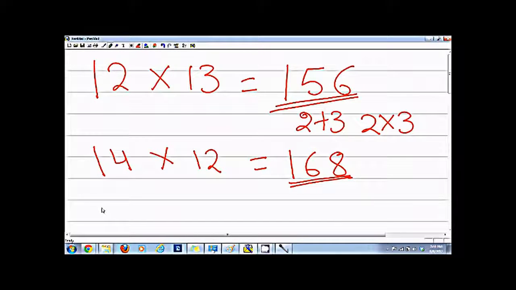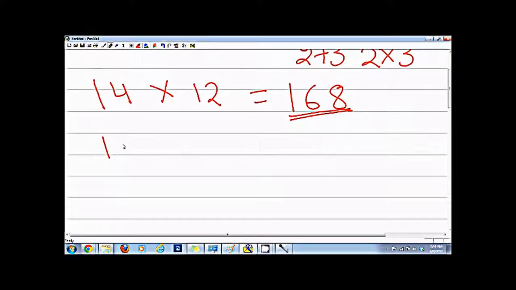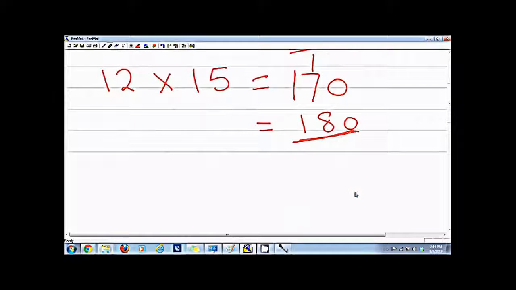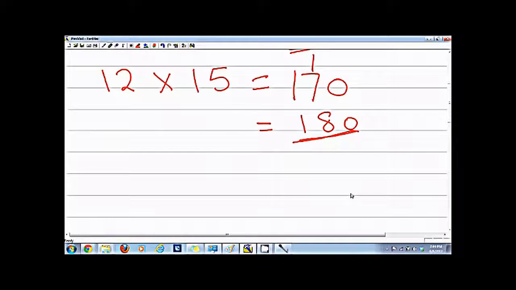For example, if I have 12 and I want to multiply by 15, I will write 1, and then I say 5 plus 2 is 7, but 5 into 2 is 10, so I will write 0 here and take 1 as a carry, so the answer will be 180. So this is a little trick that you need to remember for doing this kind of multiplication.